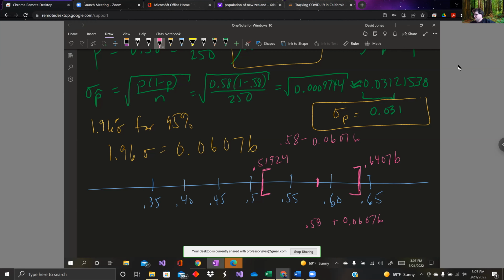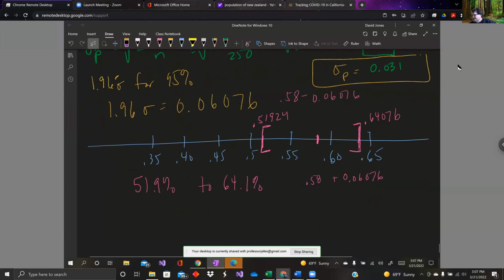That region right there, so 51.9% to 64.1%. That's my 95% region of confidence, or confidence interval.